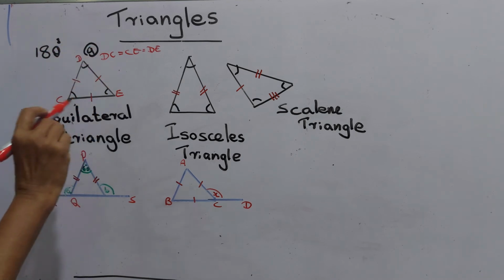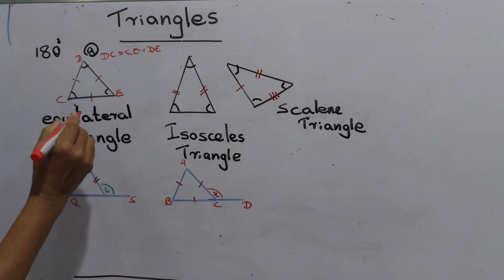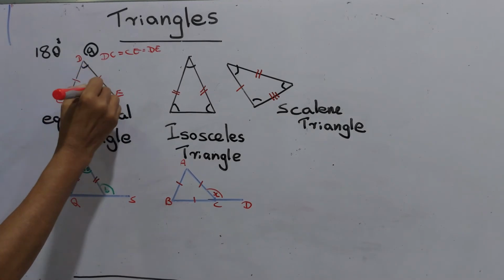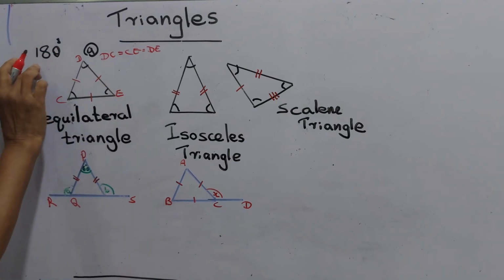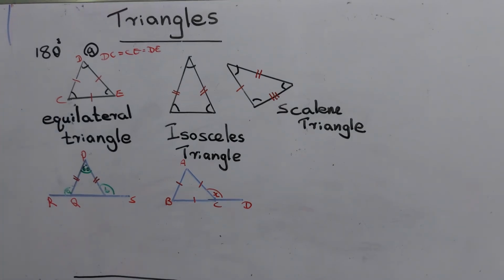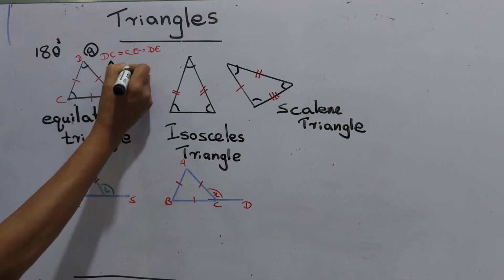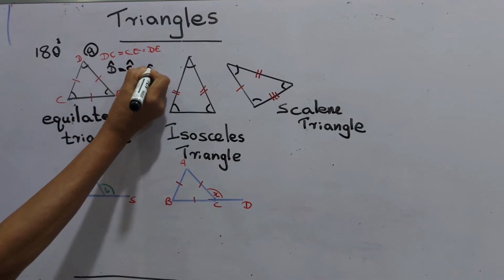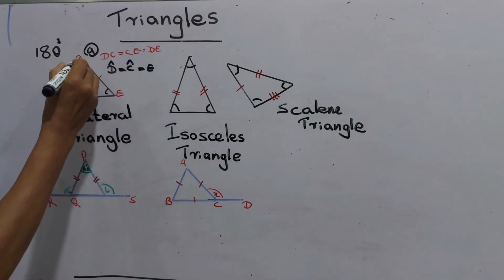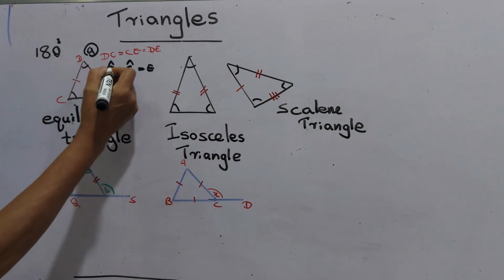In an equilateral triangle, all the sides are equal, so all the angles are also equal. We learned earlier the angle sum is 180. Then angle D equals angle C equals angle E. Those three angles are equal, and angle D plus angle C plus angle E equals 180.